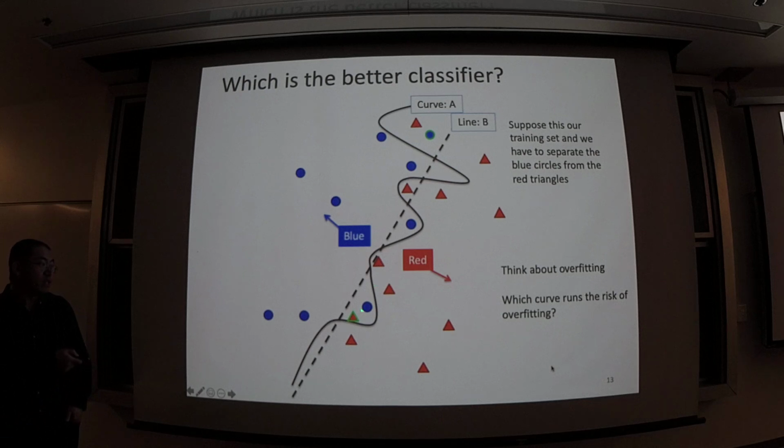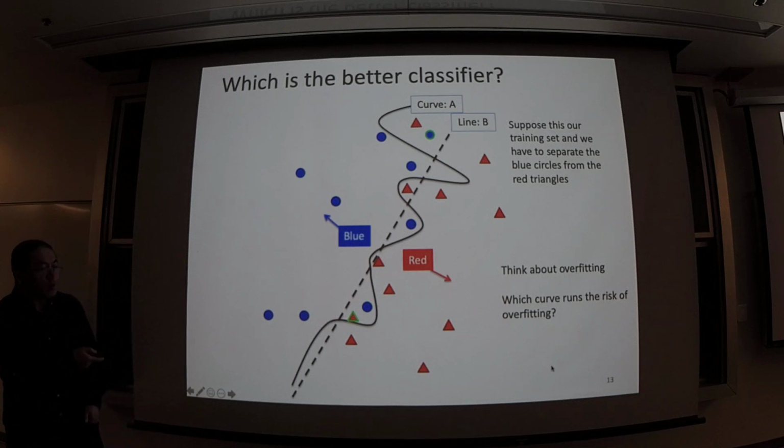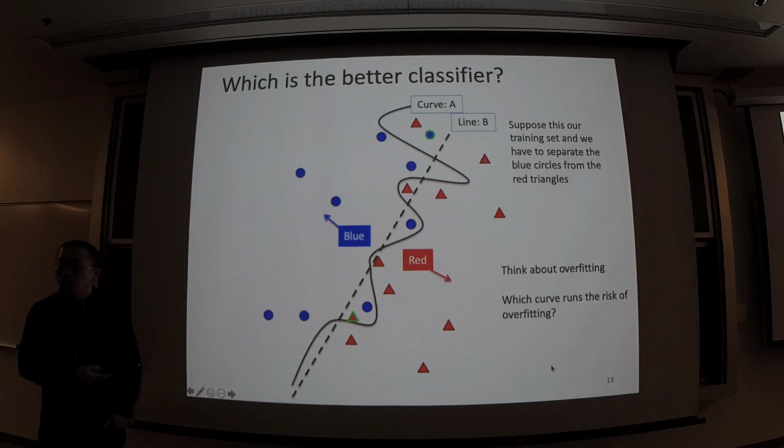And again, this blue circle, originally it is red, but due to some noises, it is corrupted to be blue. Then if you use this beautiful curve to fit the whole training set, when I have other test examples here and here, my curve will make wrong predictions for both examples, right?